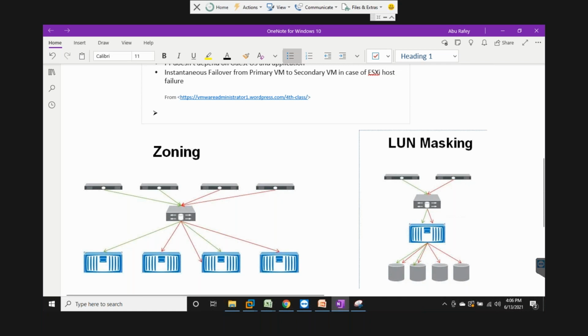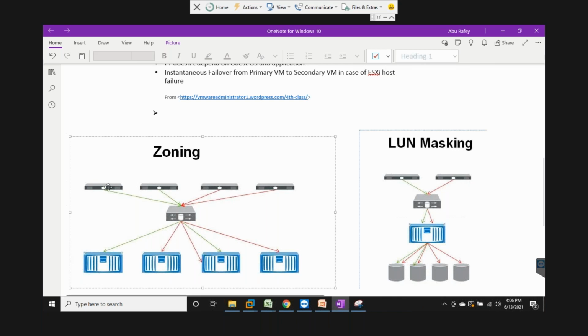You have four servers, server 1 and server 2. What you did is you have allowed, in green color, those two servers to have access to your storage devices 1 and 3.